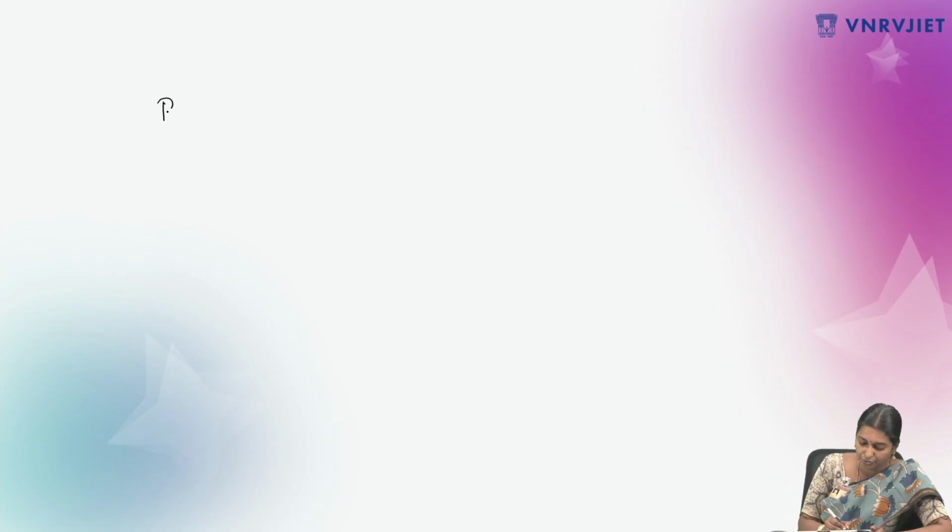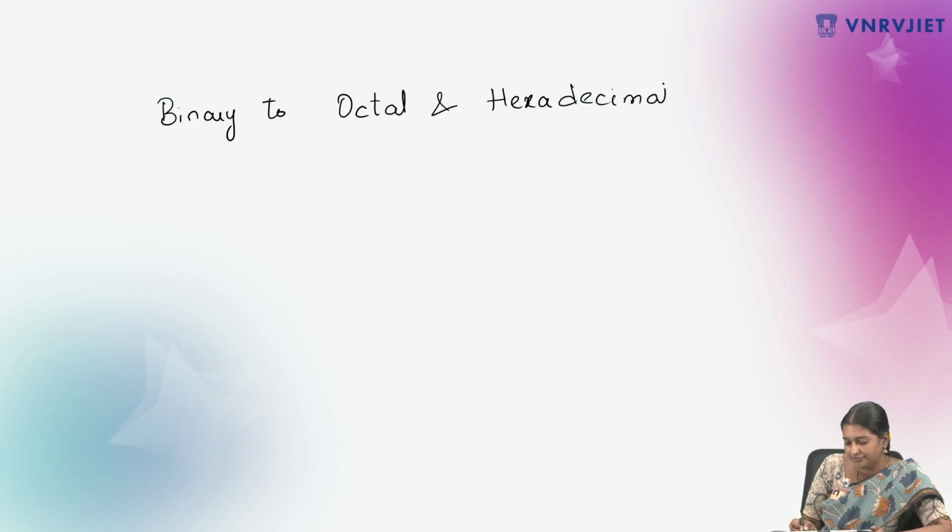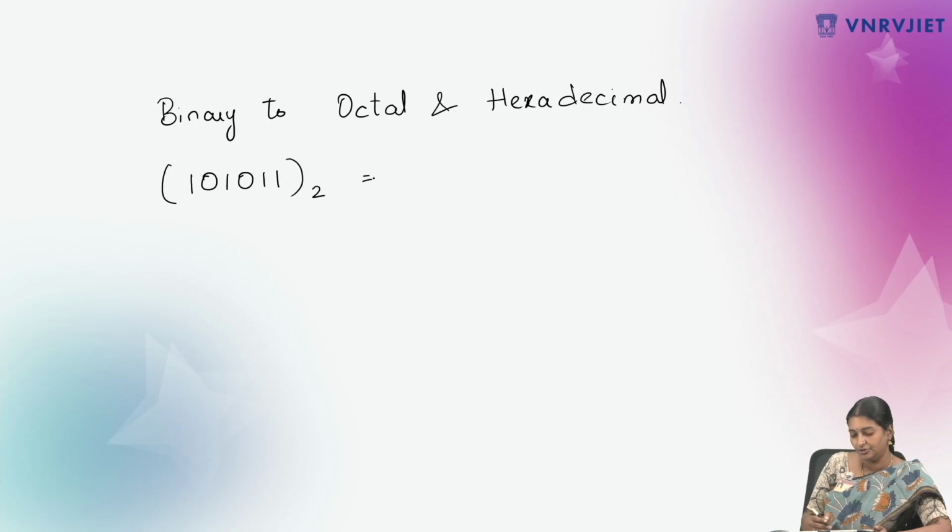So binary to octal and hexadecimal. These are very simple conversions. Let us consider a binary number 101011 to the base 2. When we are converting a binary number to an octal number, binary means 2 digits and octal means 8 digits, that is 2 power 3.